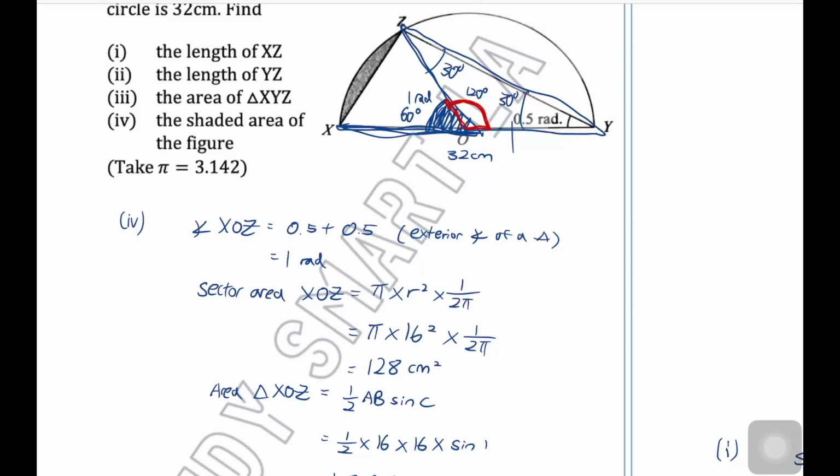If you take 180 minus 120, this red angle, you get 60 degrees, and the same 180 minus your 120 here gives you these two angles. That's why these two angles will be equal to this angle. So mathematically, it makes sense based on angle properties.